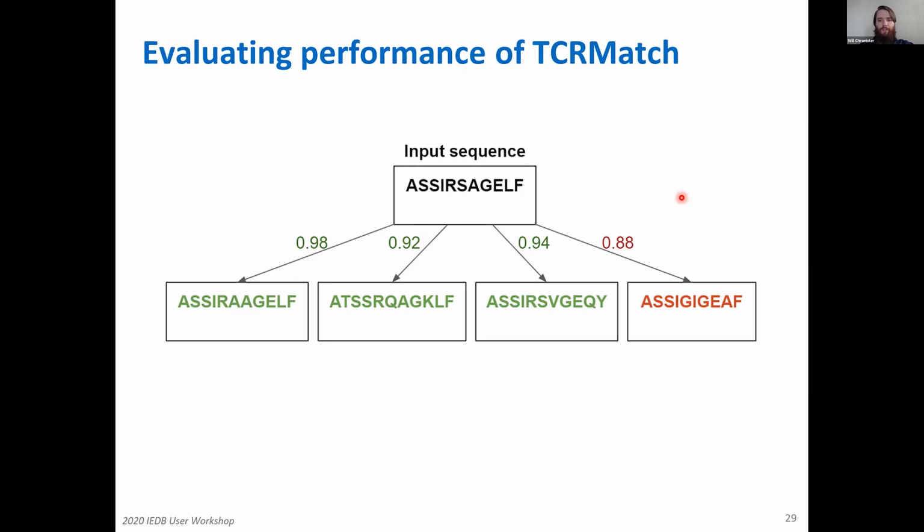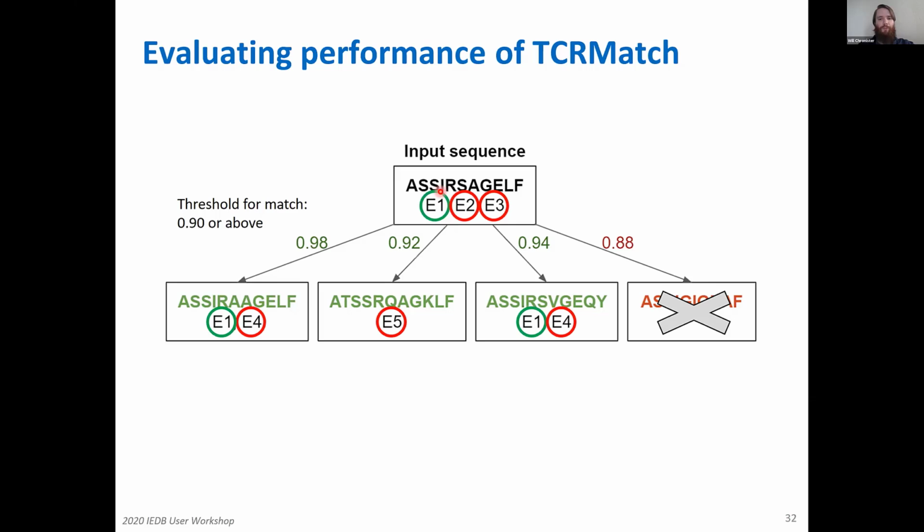This is obviously a simplified version where we're testing 1 against 4. Let's say that we impose a threshold for what we call a match of 0.9. In this case, we will eliminate the 4th candidate match, leaving us with 3 candidate matches that score above 0.9. Then we can look at the epitopes that are recognized by each one.